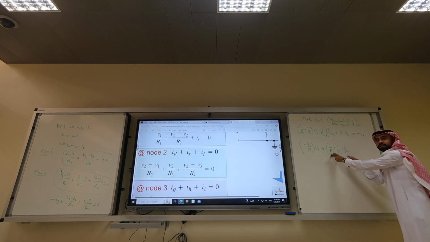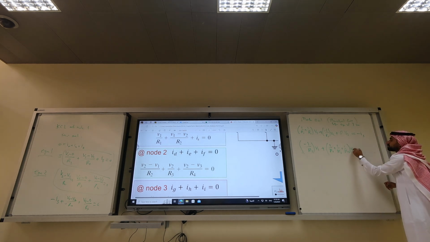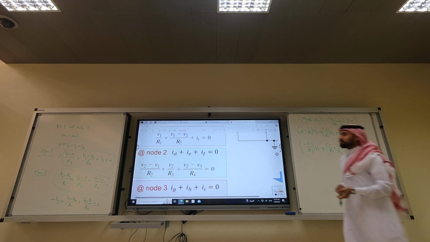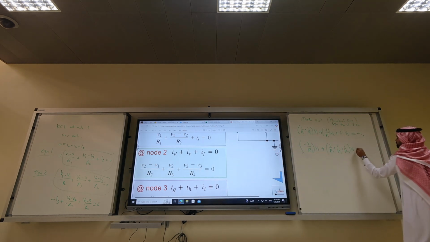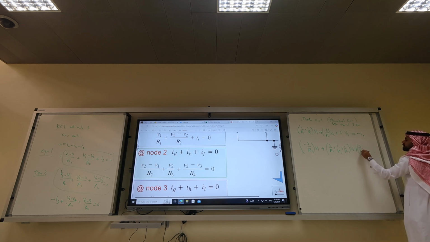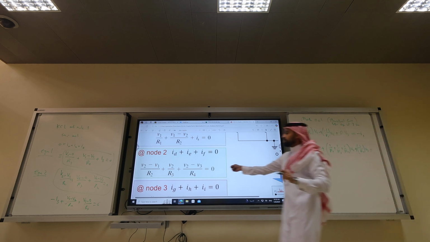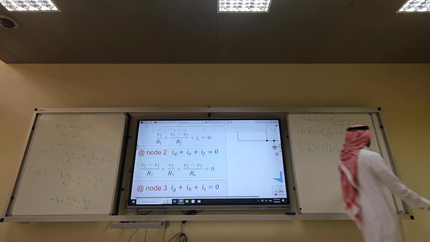You see it gets messy. What is the coefficient of V3? Minus 1 over R4, times V3, equals. Is there any number here? No. So you have to put it equal to 0.